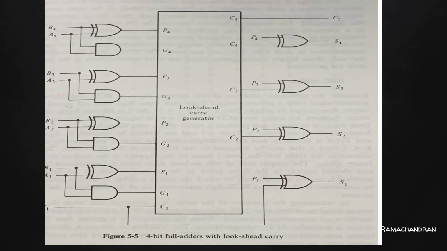Using these instant inputs, it generates the propagate term and generate term of the first full adder, the propagate and generate terms of the second full adder, and so on. And using all these propagate, generate and initial carry input values, it generates the sum bits of the different full adders along with the final carry output C5.